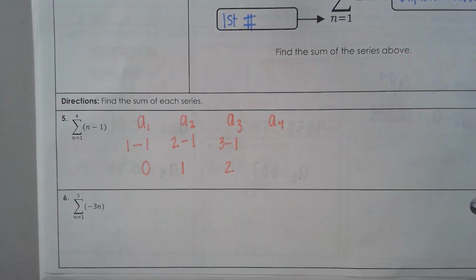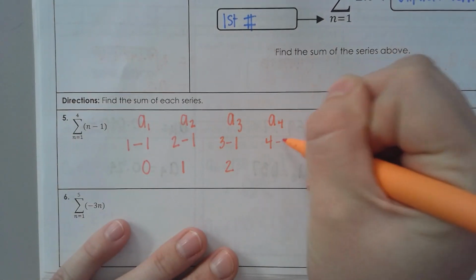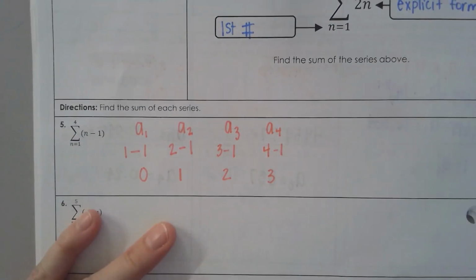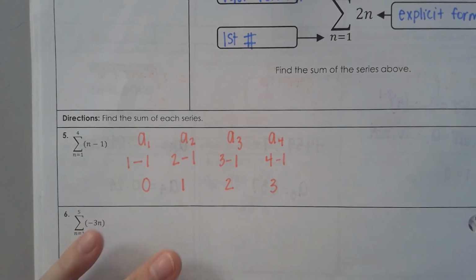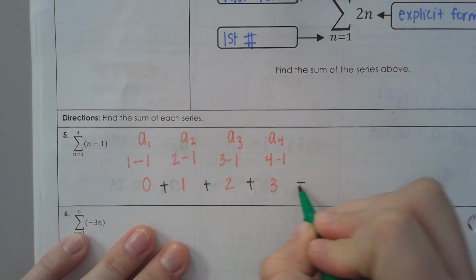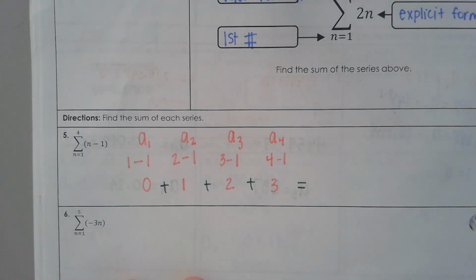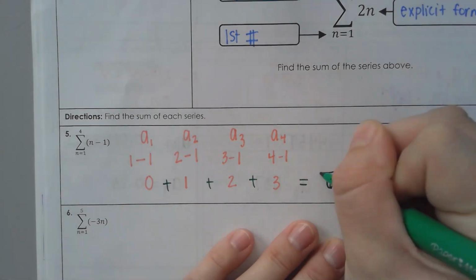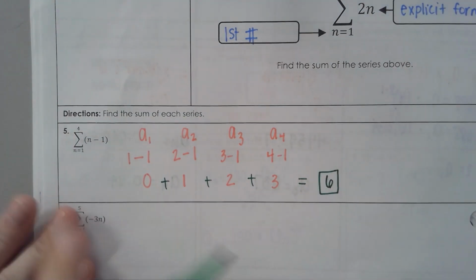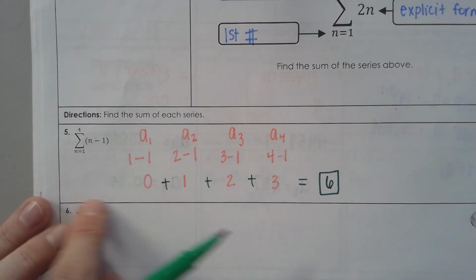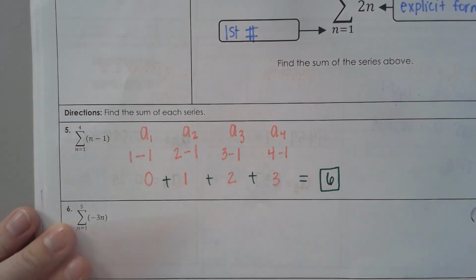And then A4 is 4 minus 1, which is 3. And so then the sum, I'm going to add all of these together. And that gives me 6. Once I show you how to type this in the calculator, if you type this in, it would give you 6.